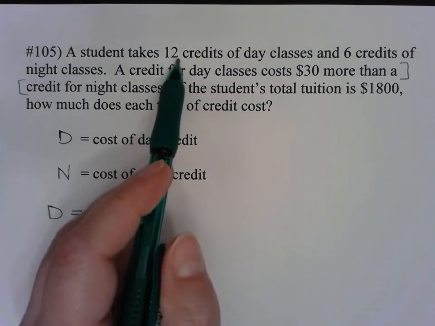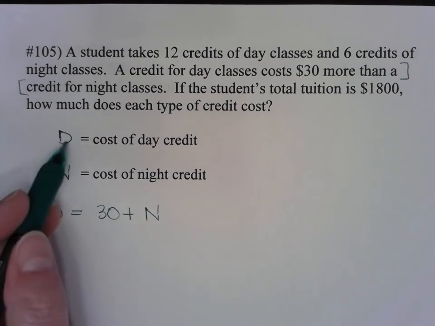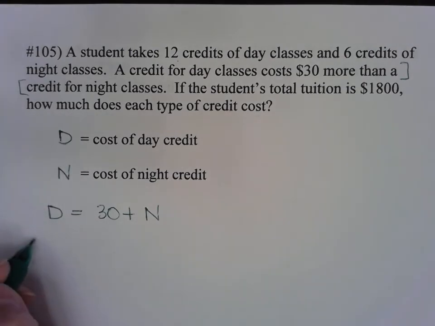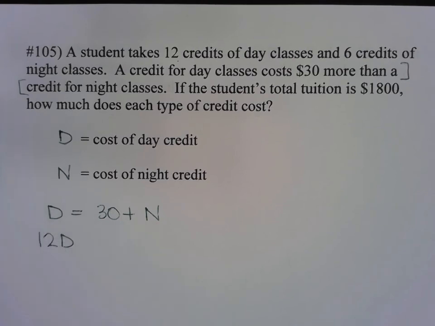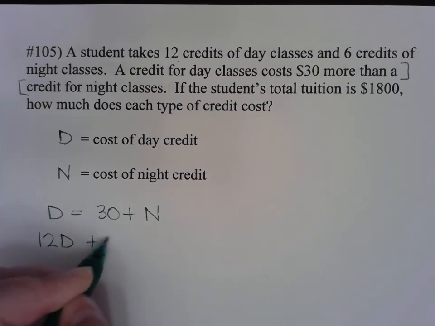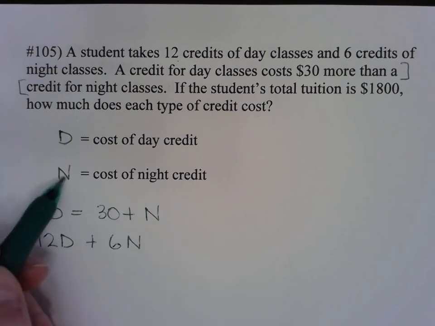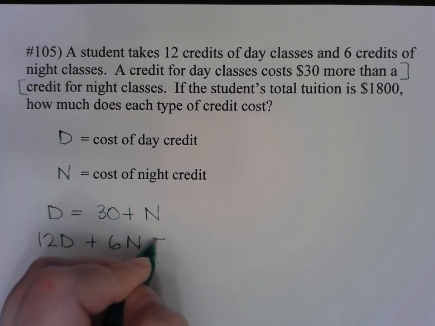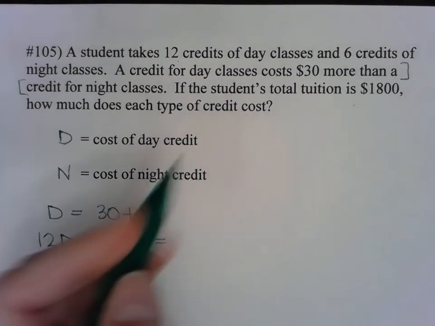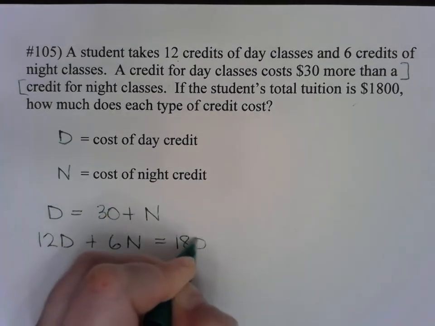Okay, so for each credit in the day, this is the cost, right? So our second equation should look like 12 times D, so 12 credits times the cost for each one, plus 6 times N, 6 credits times the cost for each one, must equal how much they paid in tuition, right? 1,800.